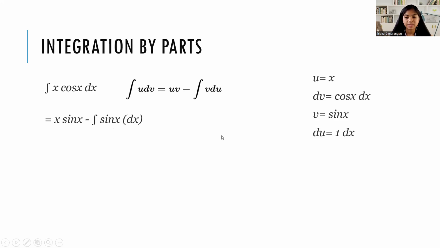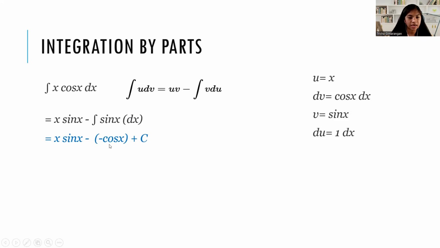times du, and du is dx. So we have v, which is sine x, and then du, which is just 1 dx, or we can simply put dx. To simplify, the integral of sine x is negative cosine x.